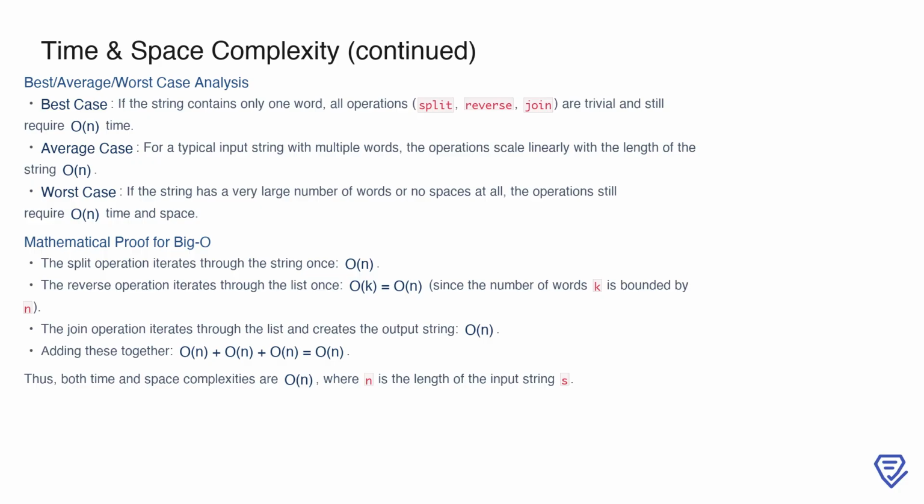Mathematically, this is because each operation, splitting the string, reversing the list, and joining the words, iterates over the input or its components at most once. Adding these linear steps together results in O(n). Likewise, the space complexity is dominated by the list of words and the final output string, both of which are proportional to the input size, making the space complexity O(n) as well.